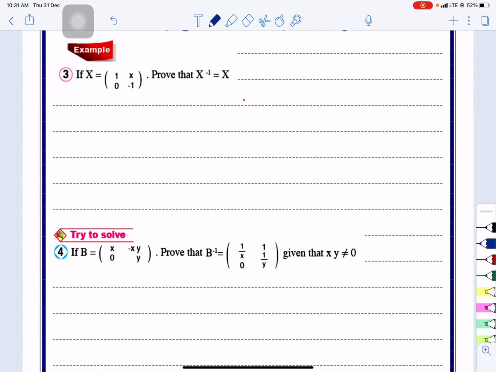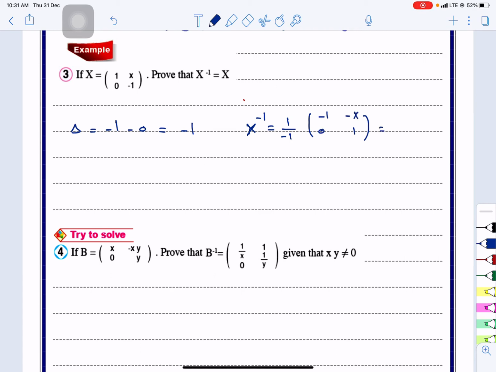If X equals the matrix 1, x, 0 and negative 1, prove that X power negative 1 equals X. At first get delta of X equals 1 multiplied by negative 1 equals negative 1, minus 0, equals negative 1. So X power negative 1 equals 1 over negative 1 multiplied by the matrix, changing the sign of the principal diagonal, negative 1 and 1, and changing the sign of the other diagonal.